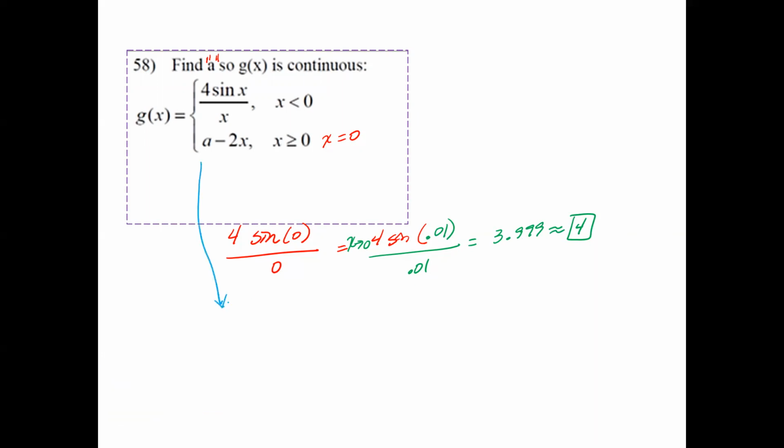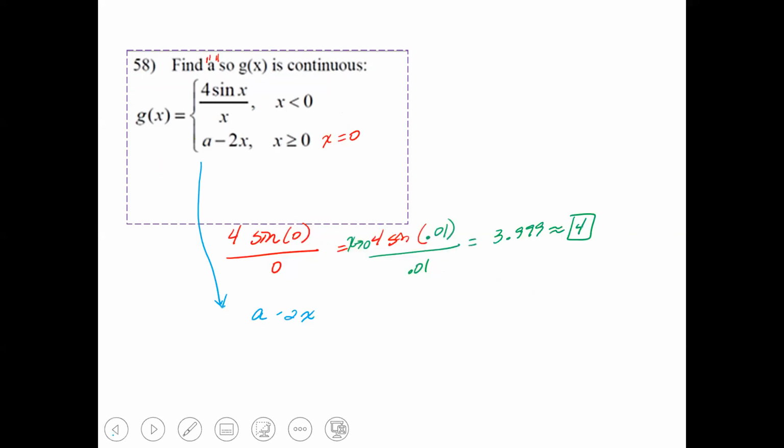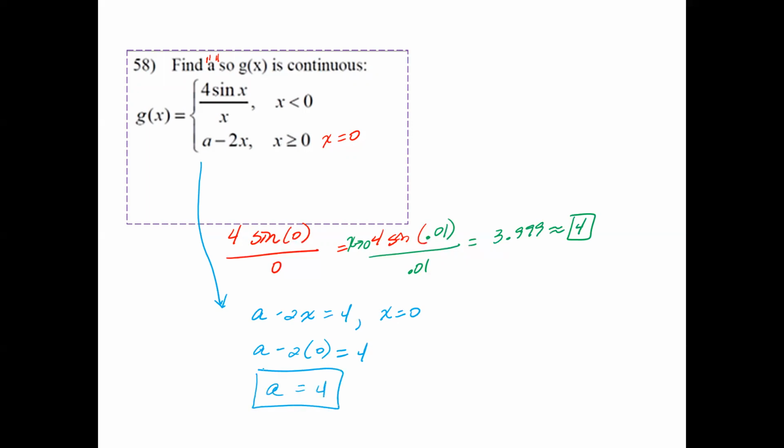With the second piecewise function, I have a minus 2x is equal to 4. And then I'm going to solve for this because I have x equal to 0. I'm going to plug that directly, so I have a minus 2 times 0 equals 4. So a, therefore, is equal to 4. So what does a need to be so that g of x is continuous? A needs to be 4.